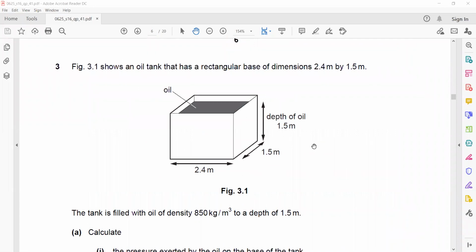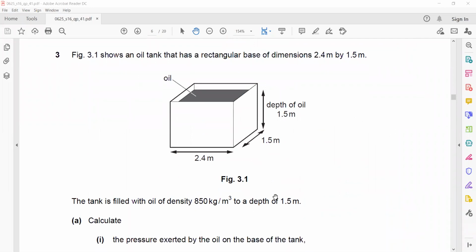Three C and 3A. Figure 3.1 shows an oil tank that has a rectangular base of dimensions 2.4 by 1.5. The tank is filled with oil of density 850 kilogram per meter cube and depth 1.5. Calculate the pressure exerted by the oil. How to calculate the pressure exerted by a liquid? It depends on the density of the liquid, the gravity and the depth.